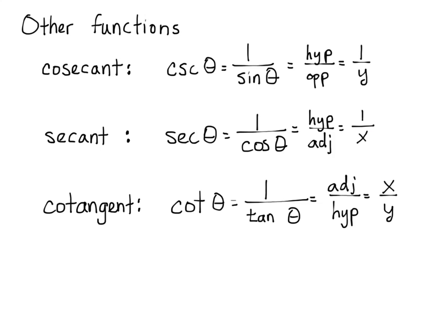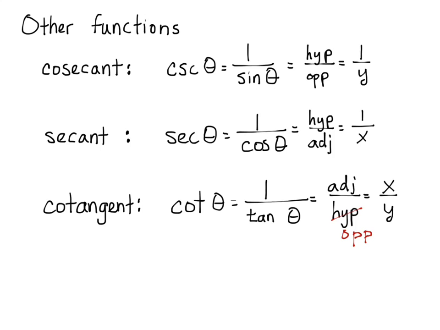This is the adjacent over the opposite, x over y. Oops, that was too fast, I know. Okay, so be familiar with the definitions. We're going to be handling these functions in some of our computations, but they're less important.